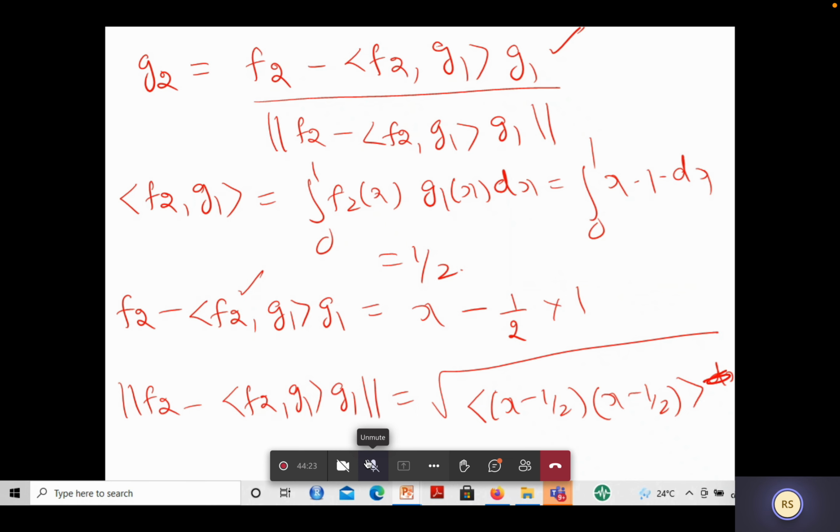It is the inner product of x into 1, so the norm is the root of the integral from 0 to 1 of x minus half the whole square dx.